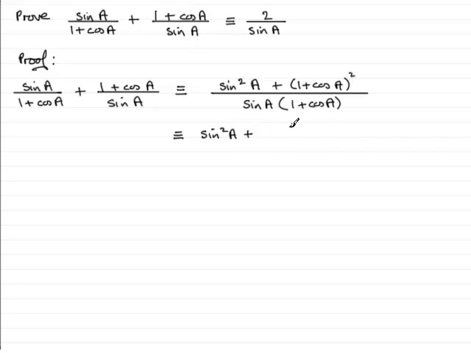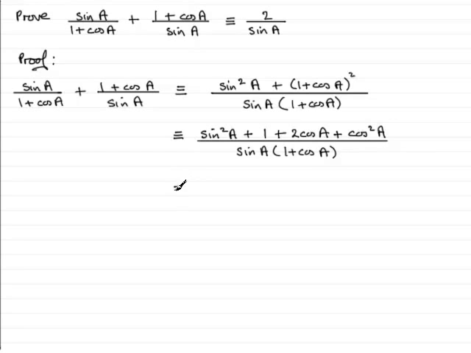So we will have 1 times 1, so that's going to be 1. We'll have 1 times cos A, which is cos A, plus another 1 times cos A, so that's going to be plus 2 cos A, and then we're going to have the last term cos A squared, so cos squared A, and that's all divided by sine A multiplied by 1 plus cos A.